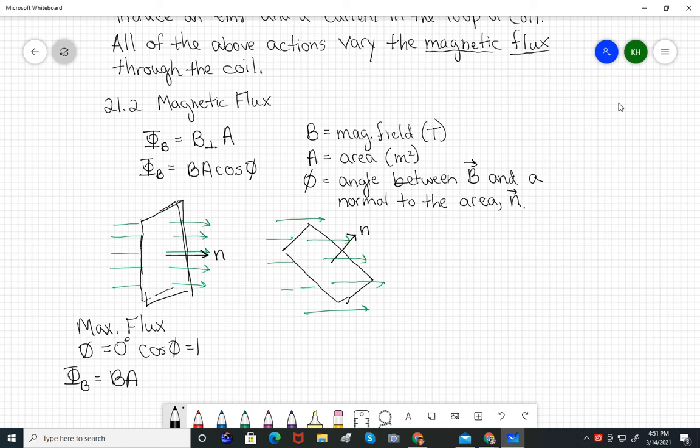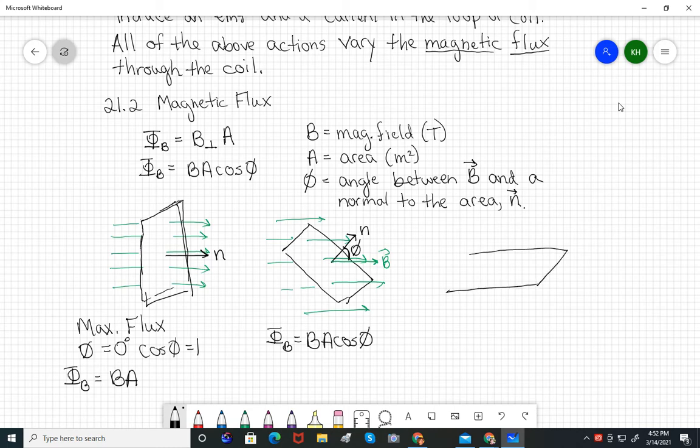And our angle phi, if we draw from the common point, there's the direction of B, then phi would be this angle right here. And our flux, we'd have to use the full B A cosine phi.